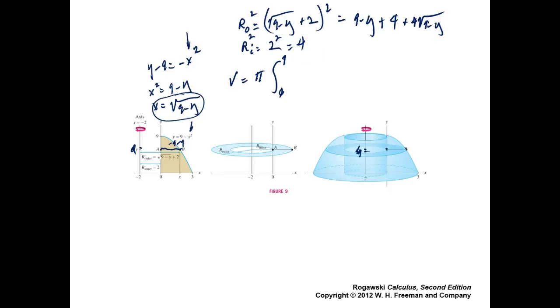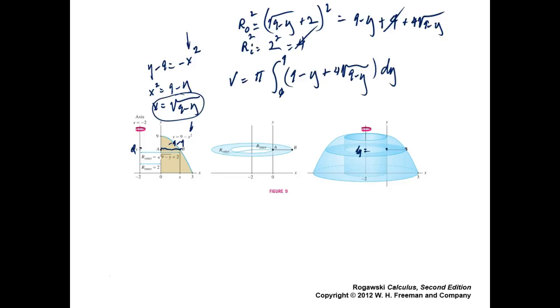And it's the outer radius squared minus the inner radius squared, which is this 4 subtracted that 4. You're done for, right? So this will be 9 minus y plus 4 times the square root of 9 minus y dy.